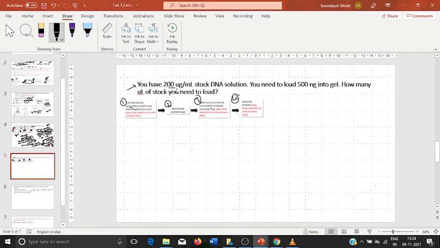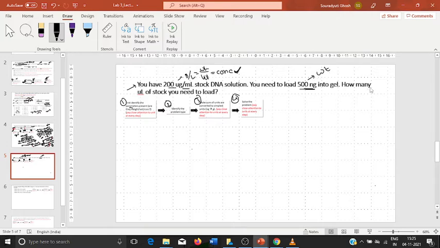This 200 microgram per ml is a derivative of gram per liter, or in other words, weight per volume. So this is concentration, and concentration has been provided. Second, you need to load 500 nanogram into the gel, so this is weight.